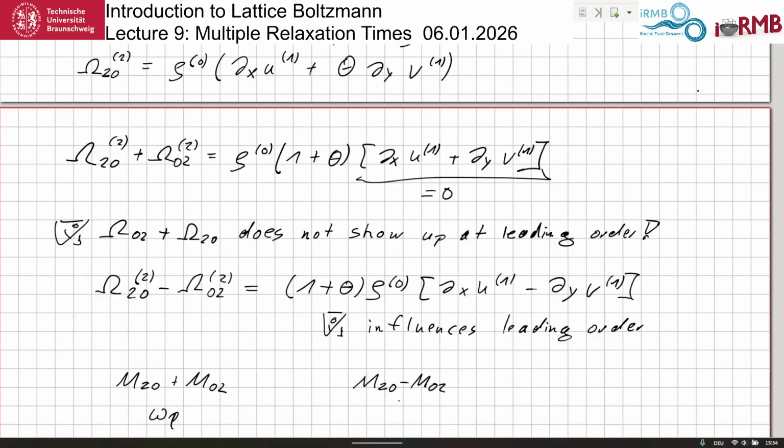Now this appears in the Navier-Stokes equation. So what we have to do is we have to use the omega bgk here. And then we have the moment M11, which also needs the omega bgk. So now we have identified that there are actually 3 different second moments. We have to rearrange them a little bit, having actually an isotropic part and a non-isotropic part.